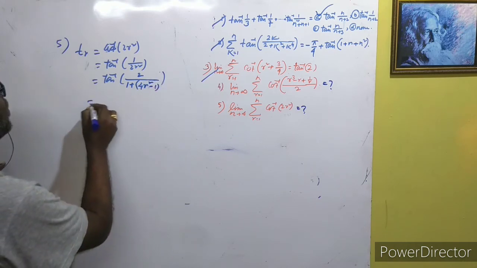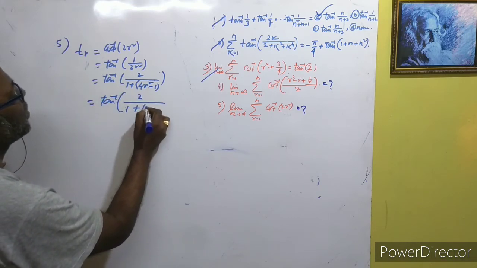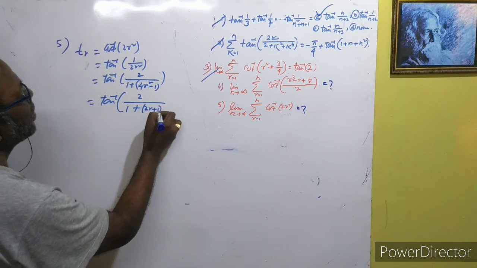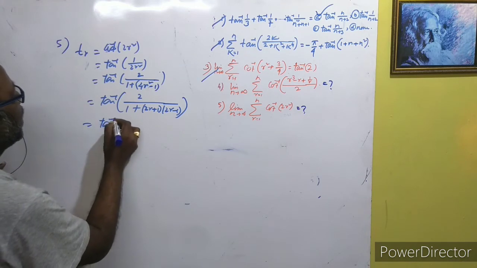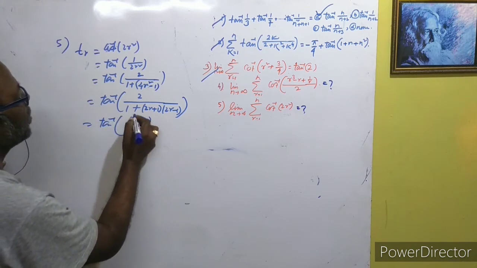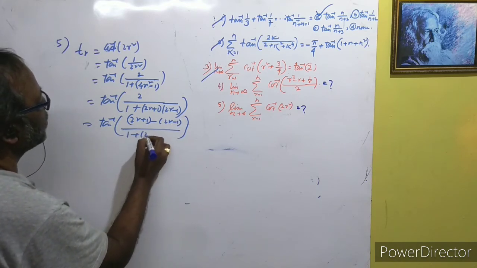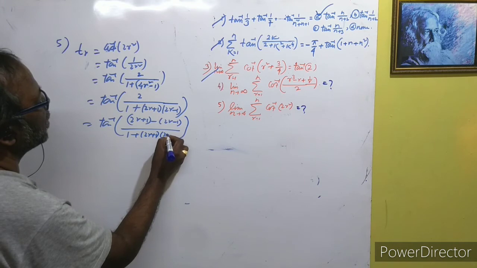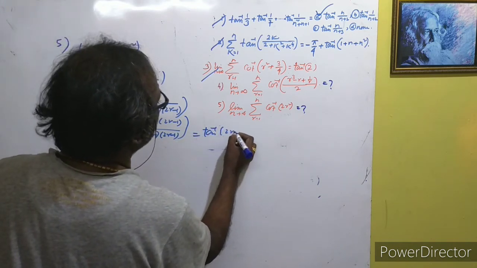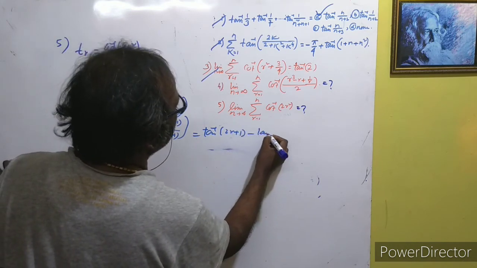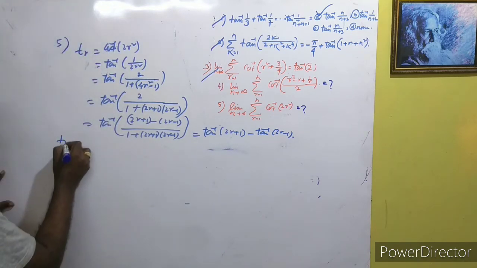So tan inverse of 2 by (1 plus (2r plus 1)(2r minus 1)), so you can write tan inverse of (2r plus 1 minus (2r minus 1)) over (1 plus (2r plus 1)(2r minus 1)), and this is tan inverse (2r plus 1) minus tan inverse (2r minus 1).